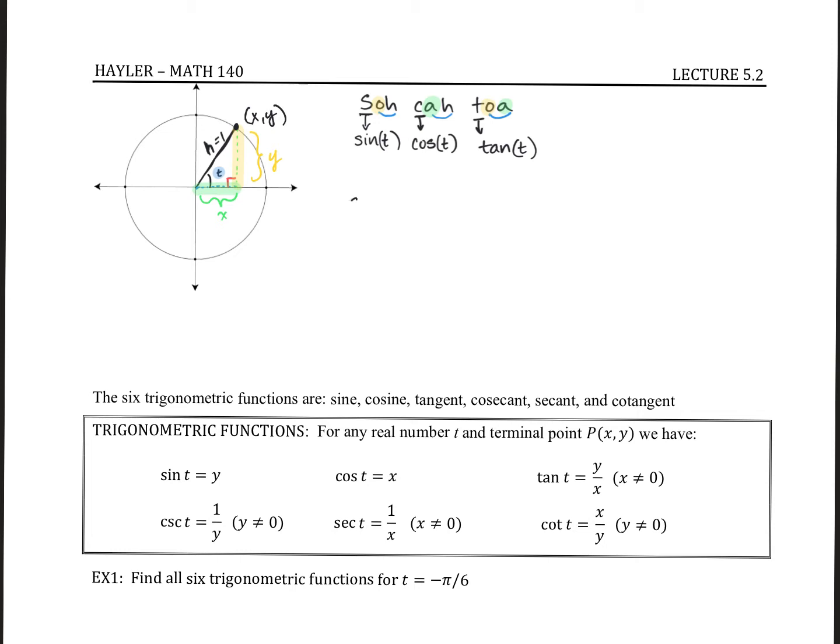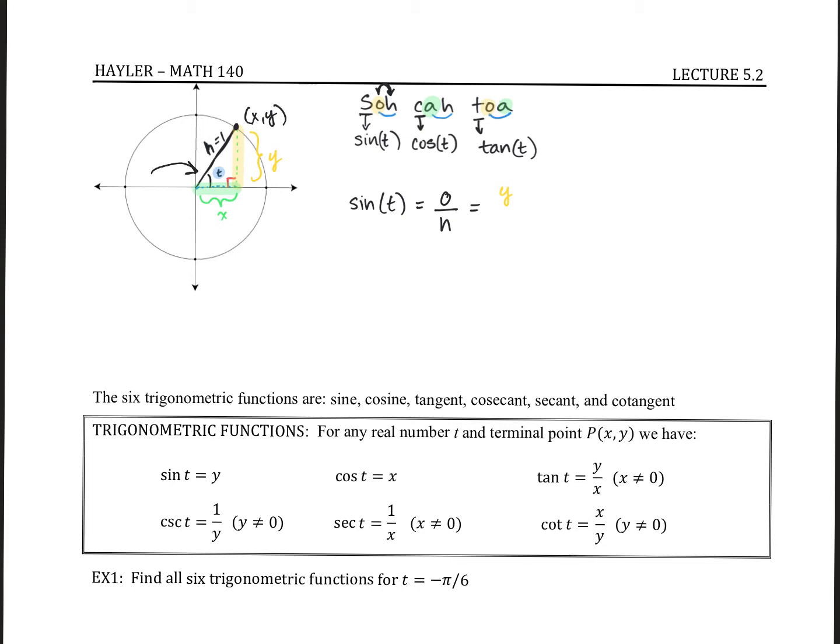So first, let's start with sine. Sine of t. According to our directions here, sine is OH. That means opposite over hypotenuse. It always starts with the first letter over the second letter. Well, what is the opposite from t? Across from t, we have y. Remember, we're talking about t from the angle in our triangle right here.